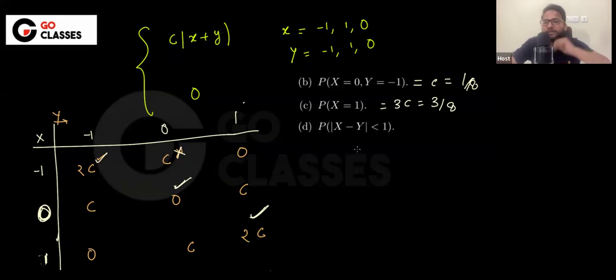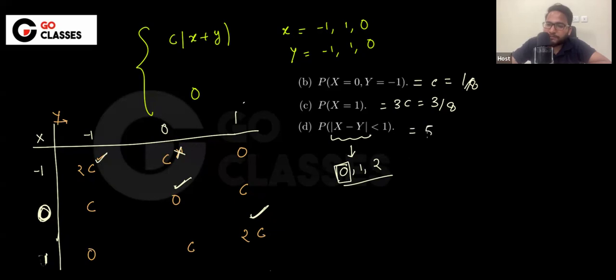Less than 1 means, since this value is non-negative, it can be 0, 1, or 2 given that the values of x range in this range. So only 0 will satisfy. So this diagonal, how much is it?